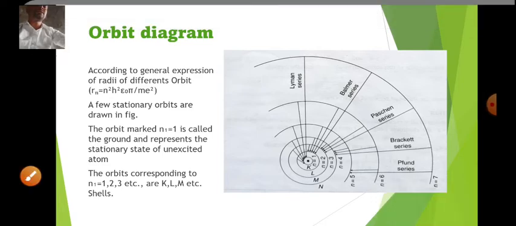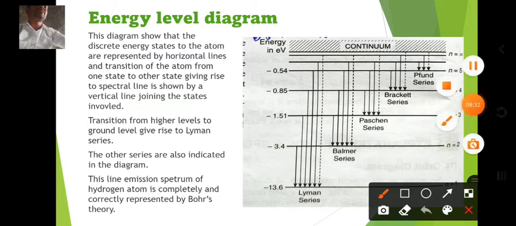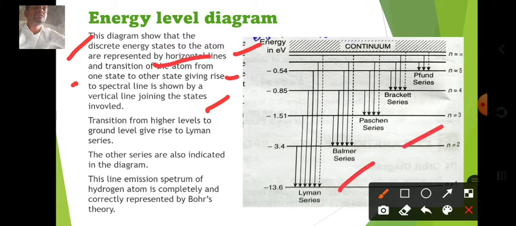Okay, next, the energy level diagram. This diagram shows that the discrete energy states of the atom are represented by horizontal lines, and a transition of an atom from one state to another, giving rise to spectral lines, is shown by a vertical line joining the states involved.